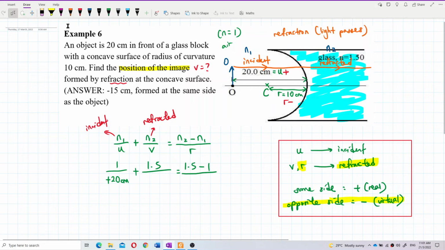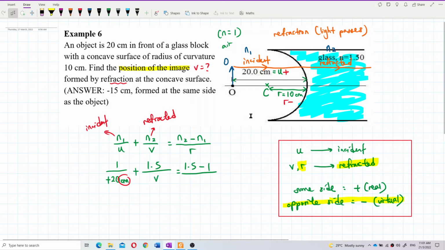When not SI unit, you must label. You must substitute the unit together with the value. When not meter, when other unit, you need to substitute the unit together. Okay. And then image distance and then R.